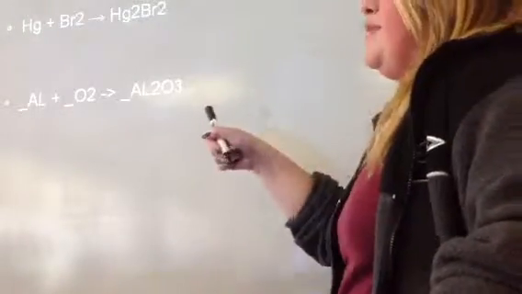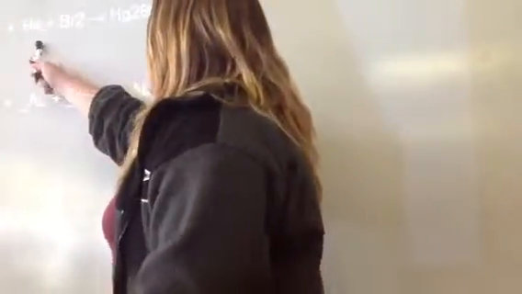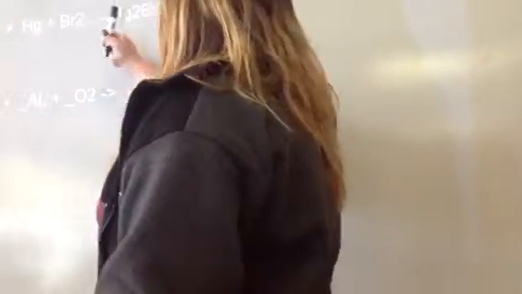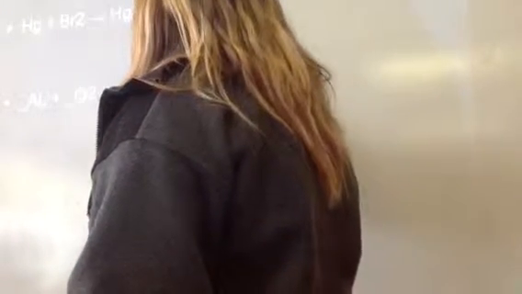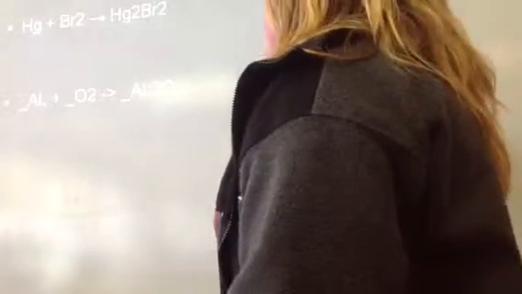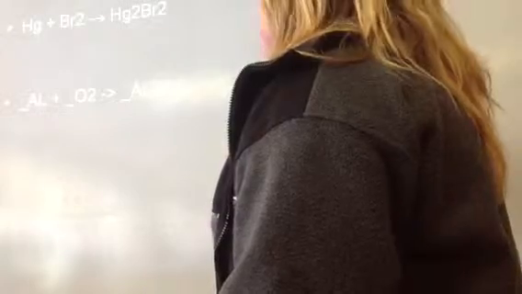So now we're doing some examples, alright? See what you guys got. Alright. So here we have 1HG, 2Br, 1HG, 2Br. 2HG, 2Br. So, what side of the equation do you think is unbalanced?